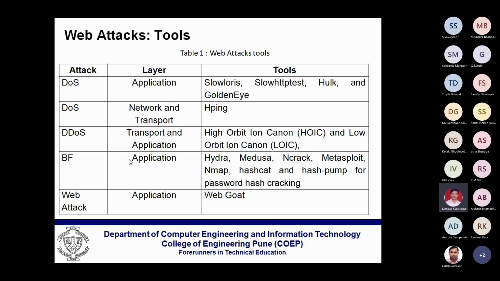Suppose we would like to propose a system for a specific type of novel attack. Then before proposing a system, we should know what the actual behavior is, what the malicious request is, which type of protocol is used, and which type of vulnerability is present inside it. That is very important for us.